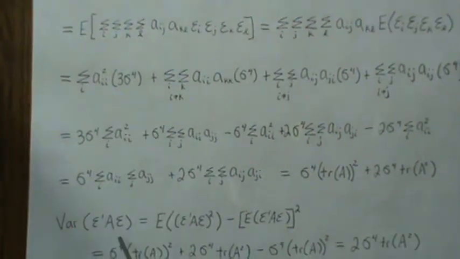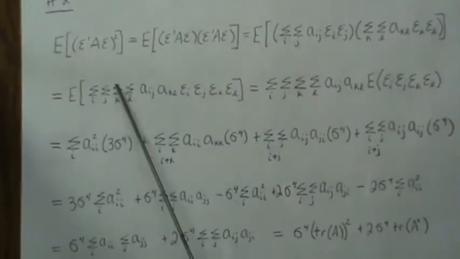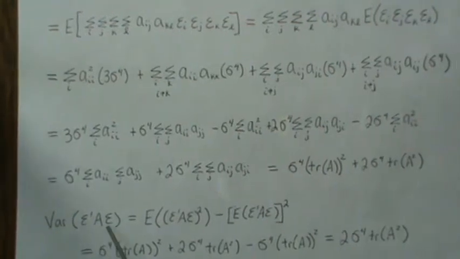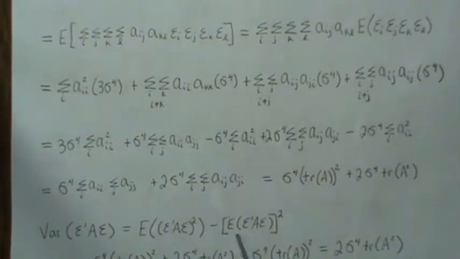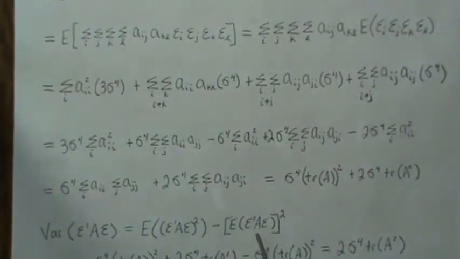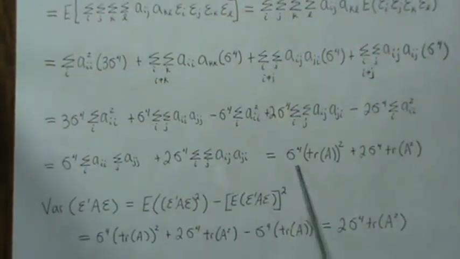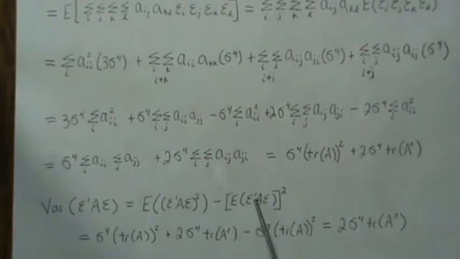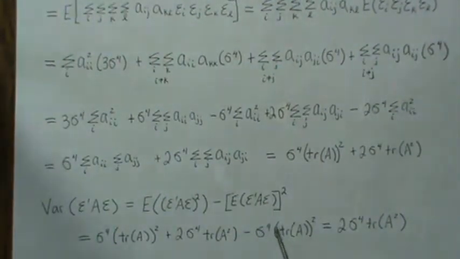So to find the variance, and now this is the number 2 in the formula, this was just so we could get here. So this is equal to the expected value of the square minus the expected value quantity squared. This we calculated on a previous page to be this.